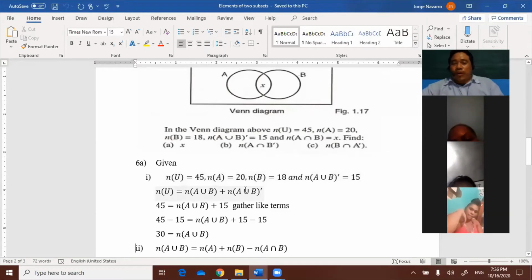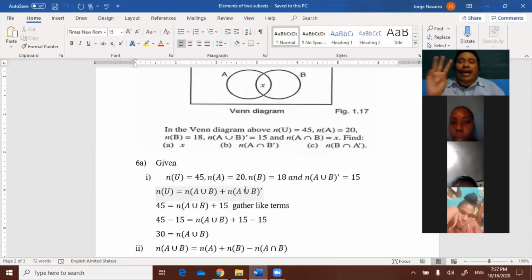So in a case like this, where the universal set is given, all of A, all of B, and everything outside the circles, we have to use all three formulas. We'll start with formula 1, then we'll do formula 2, and lastly, we're going to do formula 3.